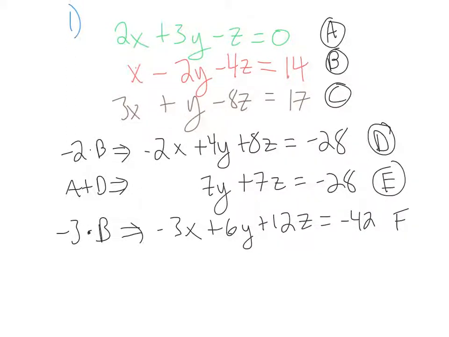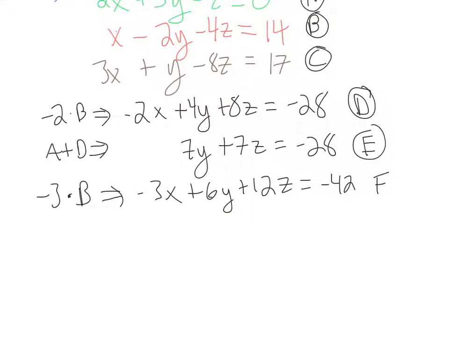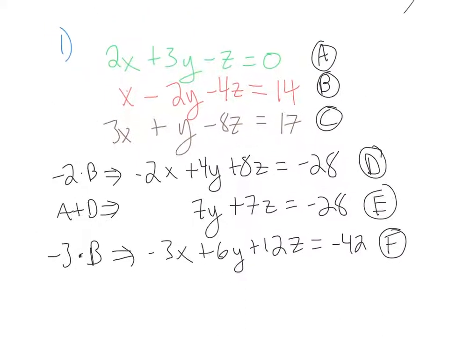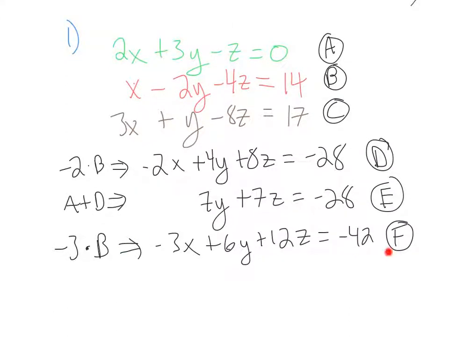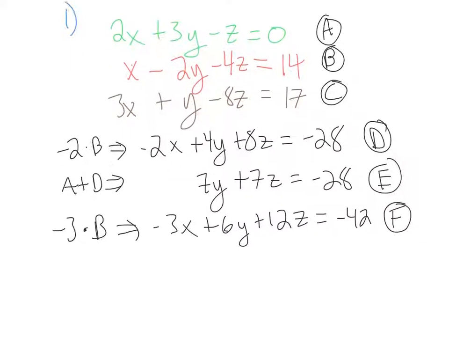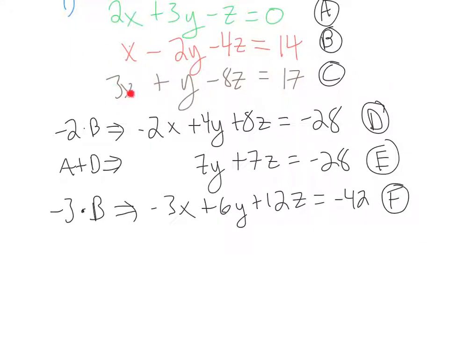Alright, now I'm going to take equation F and add it to equation C. So equation F, add it to equation C, and we should get some nice cancellation here. 3x minus 3x cancels out just like we wanted. A y plus a 6y gets you 7y.